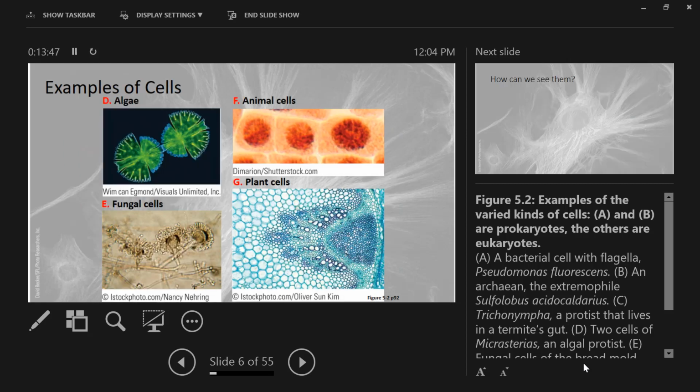So here are several more eukaryotic cells. If you look in these, this cell is very strange, but you can see the nucleus in there. This is highlighting the cytoskeleton. That's why it looks very strange. Here are animal cells. You see the nucleus, plant cells, fungal cells.